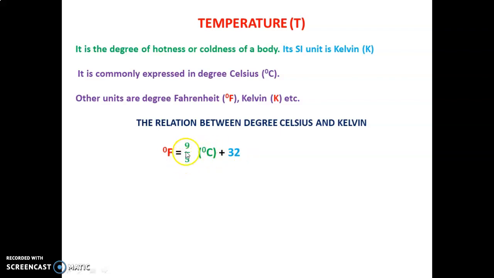The 5 and 5 cancel. So 9 plus 32, that is 41. So 5 degrees Celsius equals 41 Fahrenheit.